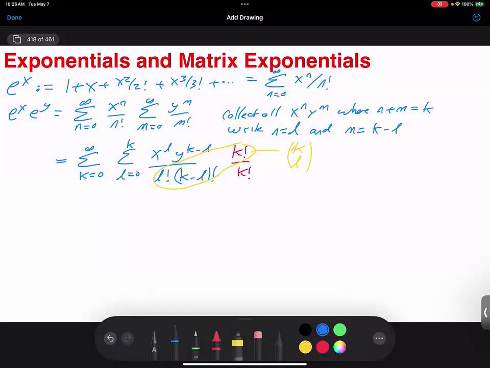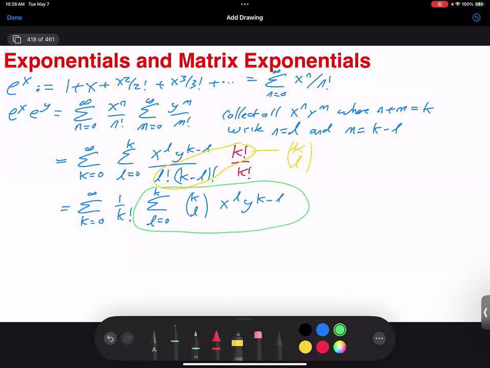And so this sum is going to become the sum, k goes from 0 to infinity. I can pull out the k factorial in the denominator because that doesn't depend on L. I have 1 over k factorial, and I'll have a sum, L goes from 0 to k, of k choose L, and then x to the L, y to the k minus L. What does that sum on L equal?